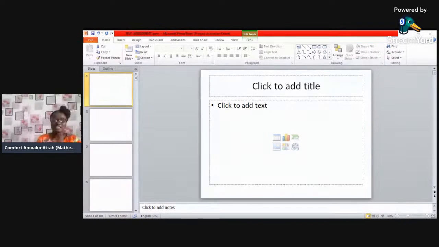This is commutative. Then we come to the C part of the question. Show that 2 star (3 star 4) is equal to (2 star 3) star 4. So how do we show that this is equal to that?